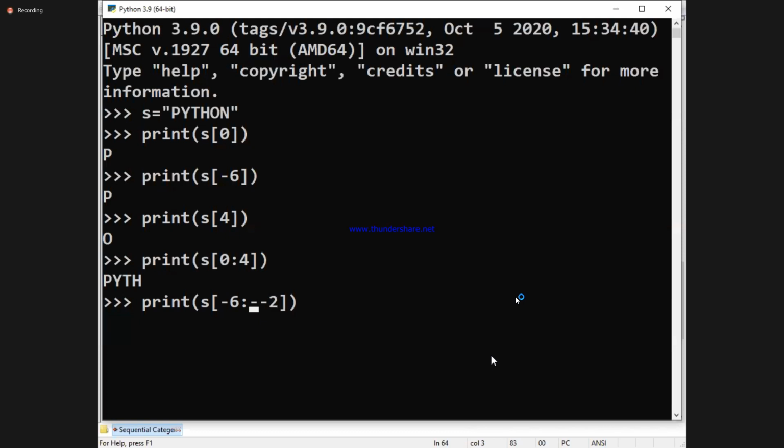Minus 2. So you will be getting PYTH. This is called negative slicing. And this is called positive slicing. How many ways are there to get a range of characters? Two ways. One is by using positive slicing, one more by using negative slicing.